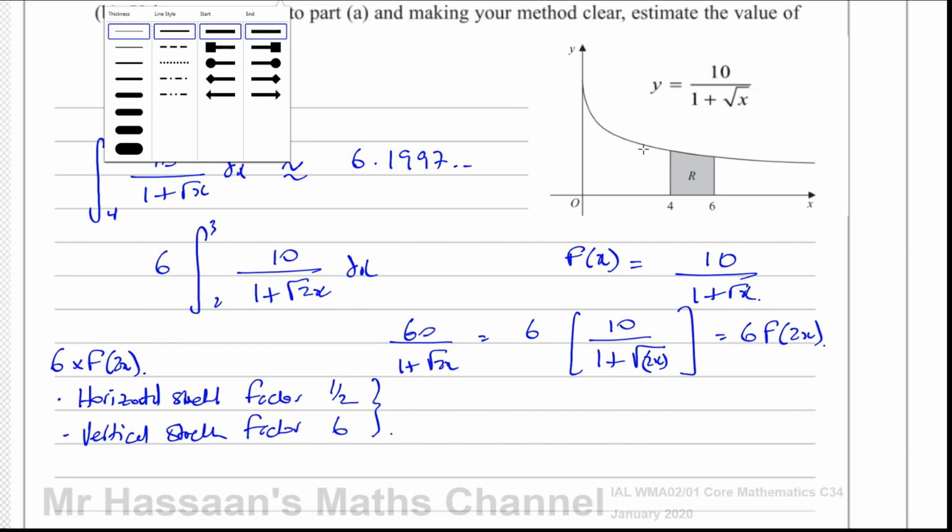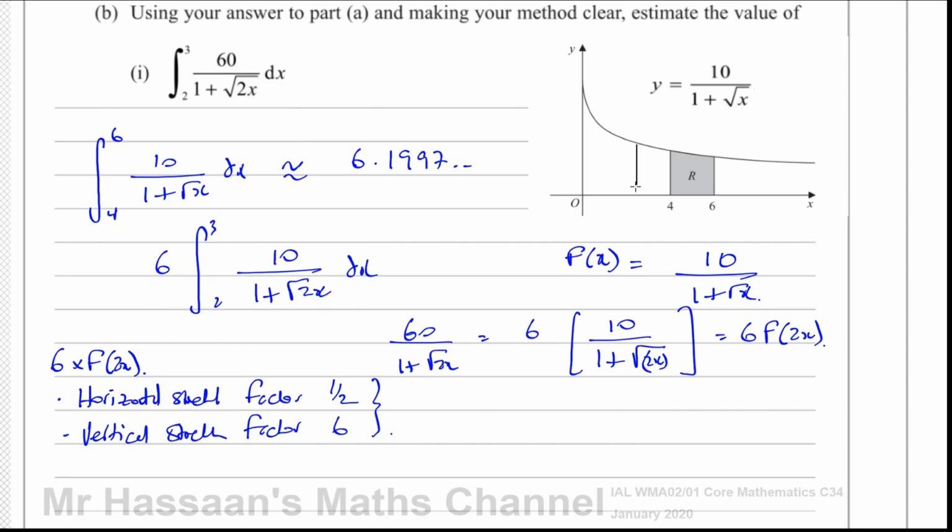And it's like we've taken this, the same area, and it's now between 2 here and 3 here. So these values have been halved. So it's like this area is going to be half of that area.